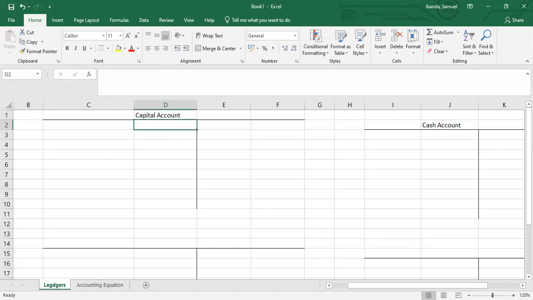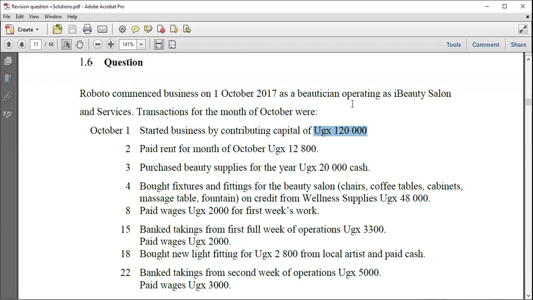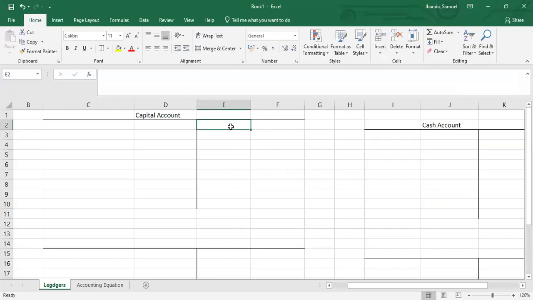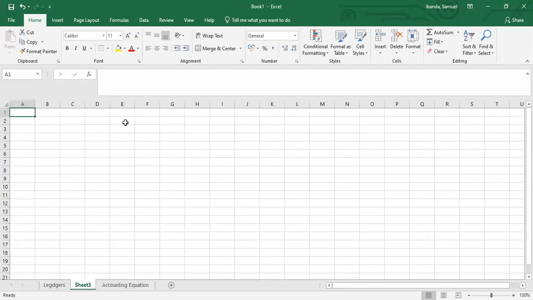Since the transaction is telling us that the owner contributed 120,000 in terms of capital, what we are going to do in our accounts here, capital is credited when it's increasing. Remember our acronym ALICE. Alice, this is income. Alice, this is capital.